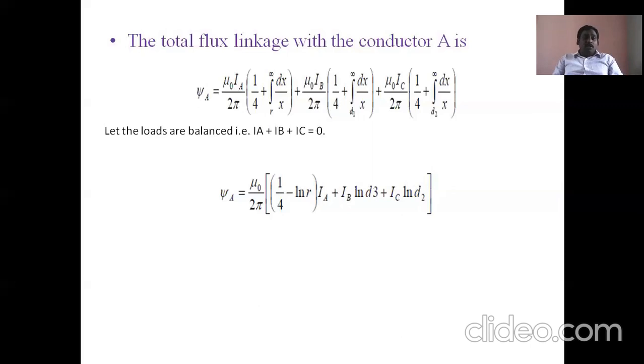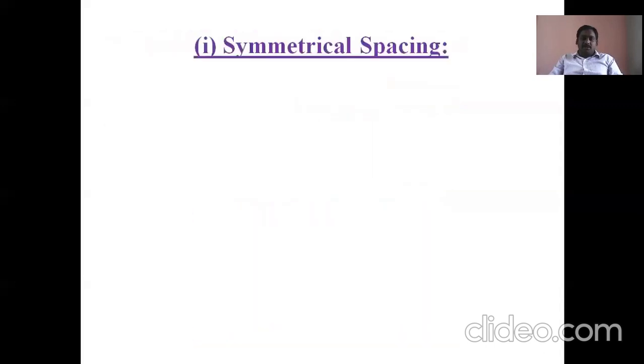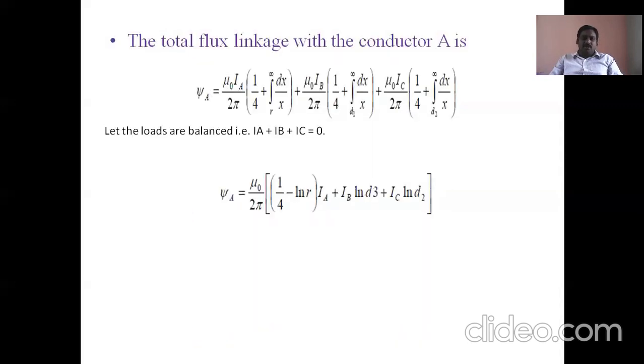So then finally mu naught by 2 pi, 1 by 4 times (Ib plus Ic); Ia is nothing but minus (Ib plus Ic). In the previous case we discussed, or otherwise we consider simply, it stops at psi A is equal to mu naught by 2 pi [1 by 4 minus natural logarithm of R].